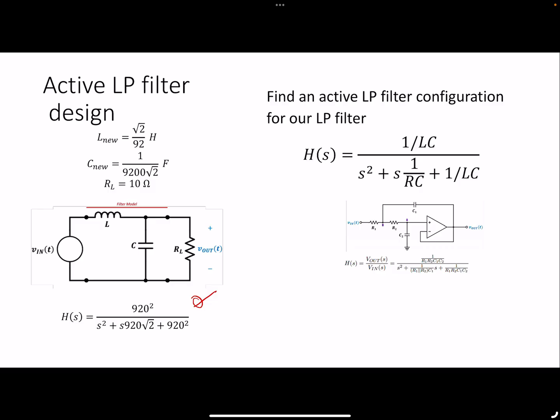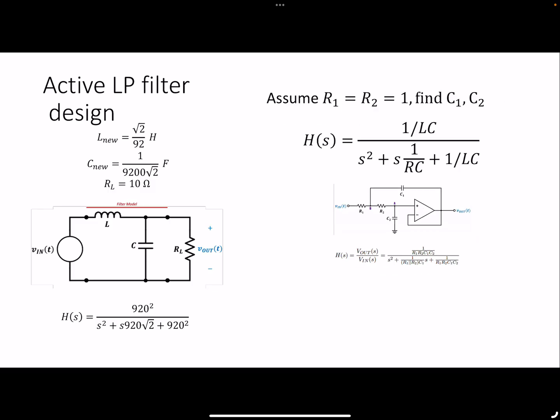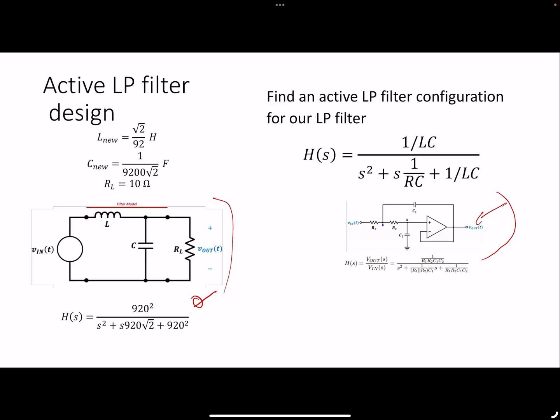Let's say we wanted to now, instead of using this Butterworth topology, use the Sallen-Key topology. How would we choose R1, R2, C1, C2? Let's say we decided that we're going to pick R1 and R2 to be 1. How would we choose C1 and C2 for this circuit?